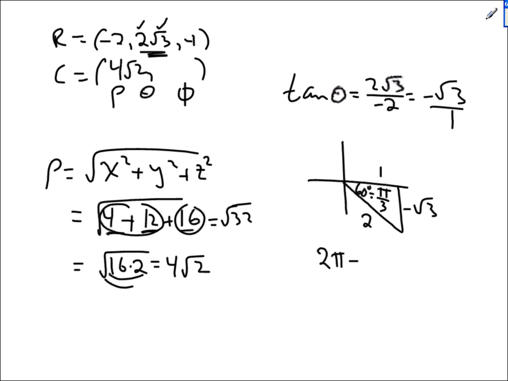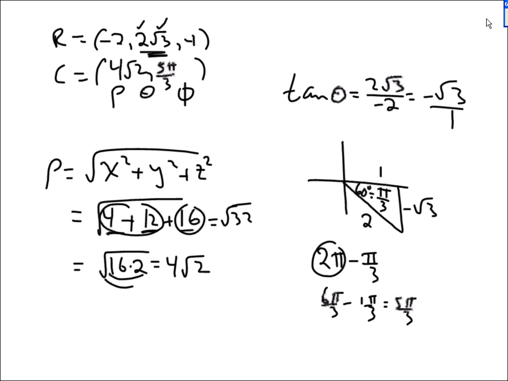So how about 2 pi minus pi over 3? This is 6 pi over 3 minus 1 pi over 3, which is 5 pi over 3. You don't want negative angles. It actually makes sense.